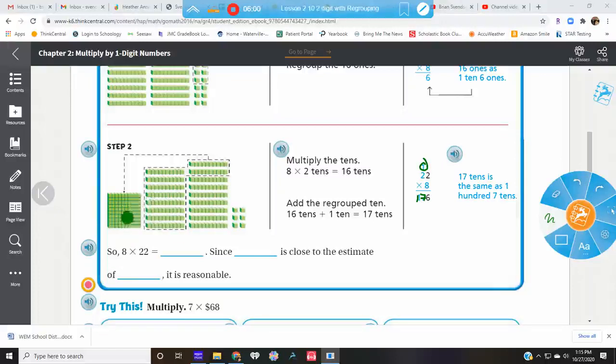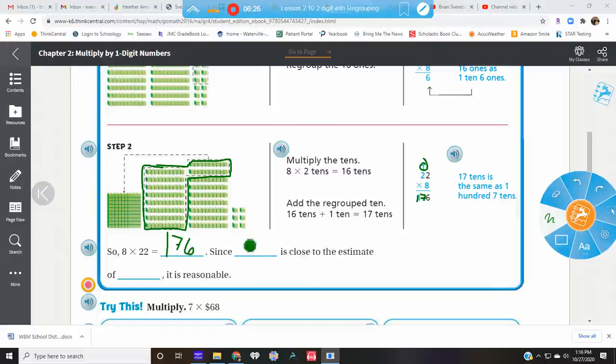To make 100, we're going to take 10 of these. So here's where we get our 100, 10, 20, 30, 40, 50, 60, 70, 1, 2, 3, 4, 5, 6. 176. So 8 times 22 is 176.